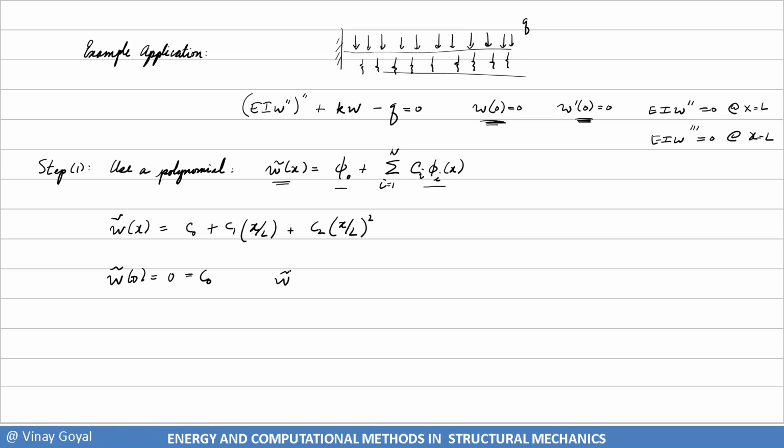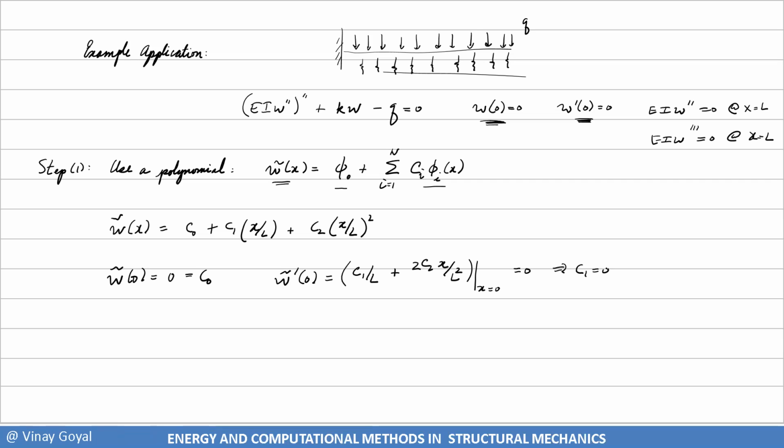I also get W tilde prime at 0. I have to evaluate that, so that's going to be C1 over L plus C2 X divided by L squared, evaluated at X equals 0 is 0. That gives me C1 is 0.